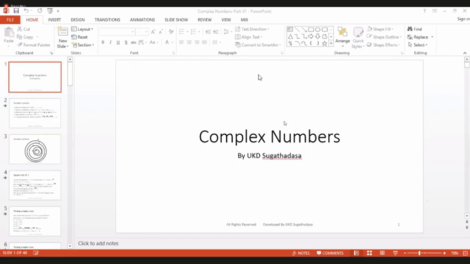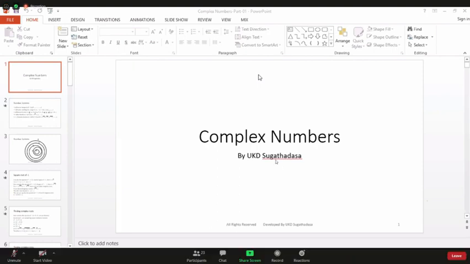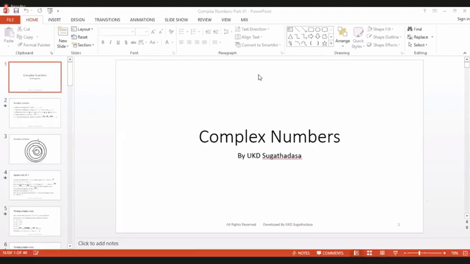The first unit is complex numbers, and the second unit is probability and probability distributions. The third unit is differentiation, that is calculus. Then integration, which also belongs to calculus. And the final unit is vector algebra. Those are the 5 units included in the syllabus.